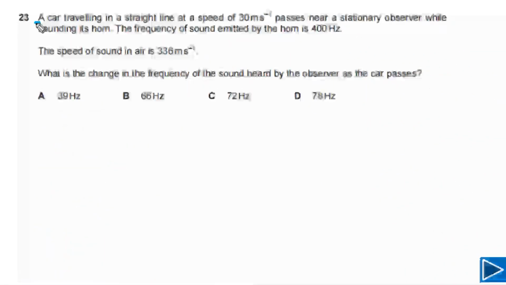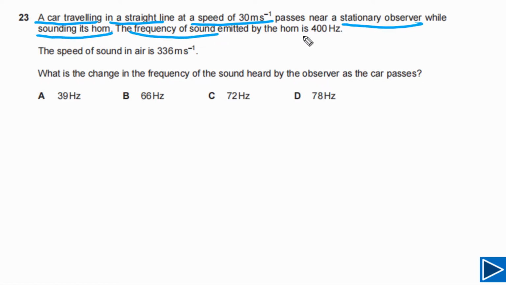For this question, it is given to us that a car traveling in a straight line at a speed of 30 meters per second passes near a stationary observer while sounding its horn. The frequency of sound emitted by the horn is 400 Hz. The speed of sound in air is given and this is equal to 336 meters per second.